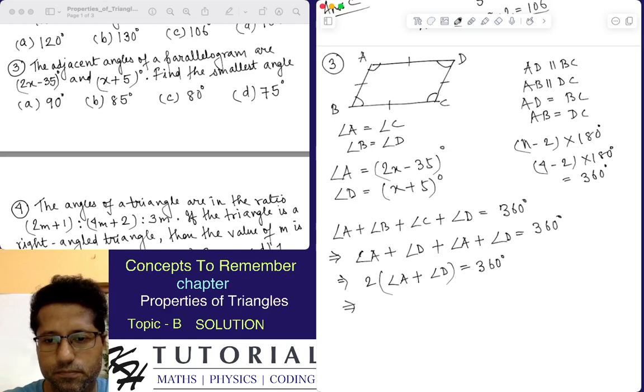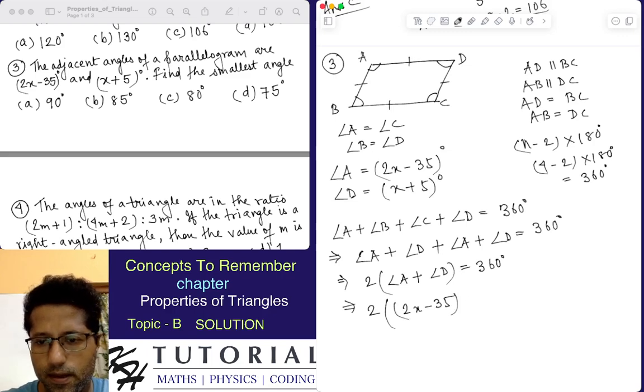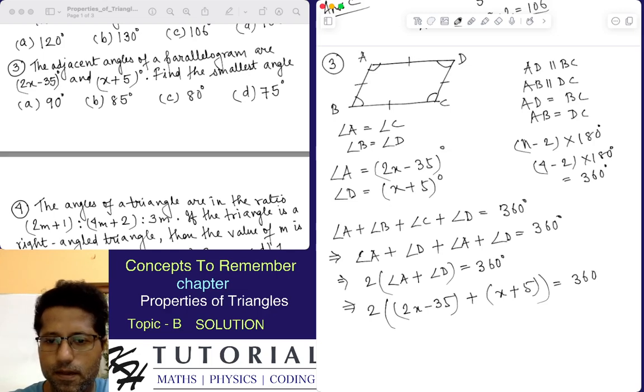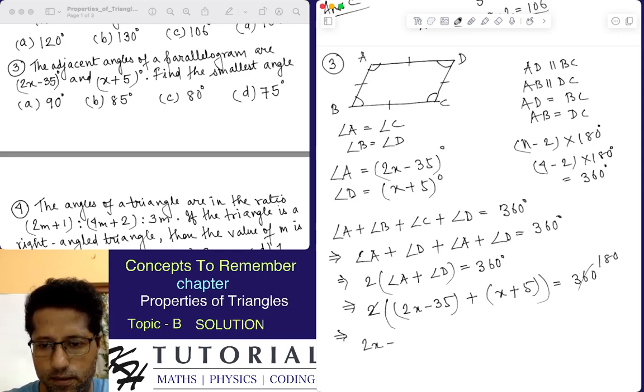This implies twice of (angle A plus angle D), where angle A is given to be 2x minus 35 and angle D is given to be x plus 5. I am ignoring the degree. If we divide both sides by 2, we get 180. So we get 2x minus 35 plus x plus 5 is 180.